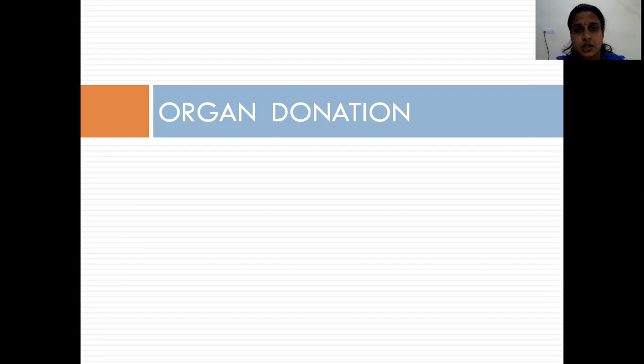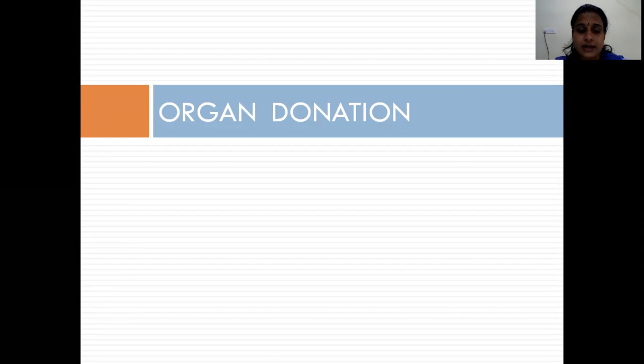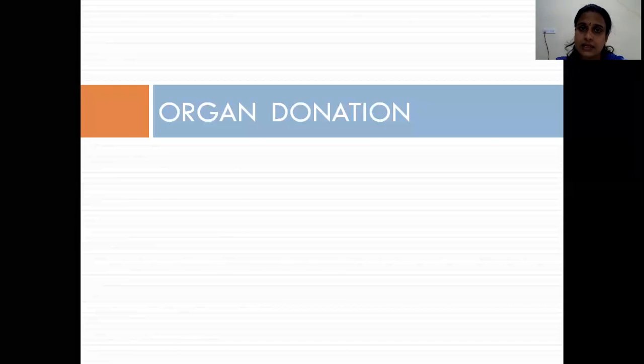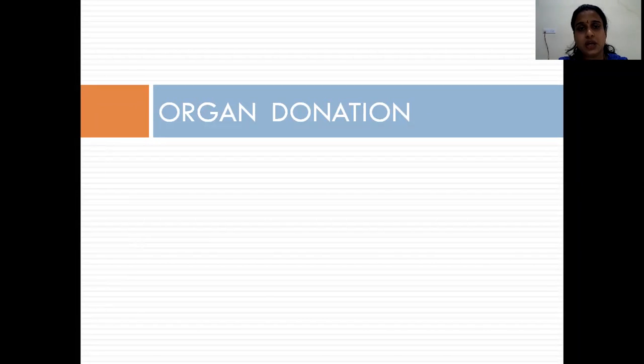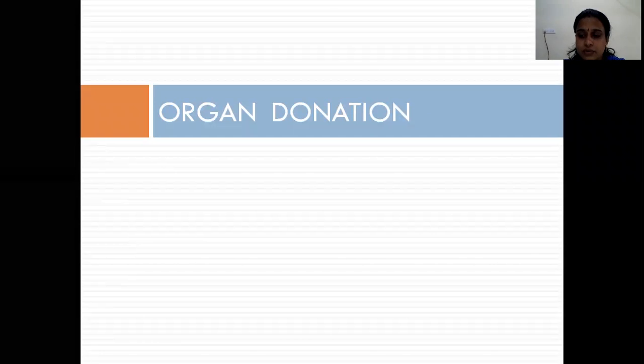Then we procure the organ from the donor, process it, take care of the required storage, and transport it to the recipient, the host. The host is already prepared with immunosuppressive therapy. This is how you have to understand the organ transplantation procedure.